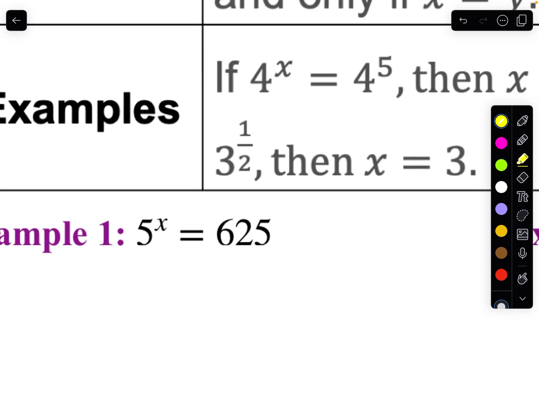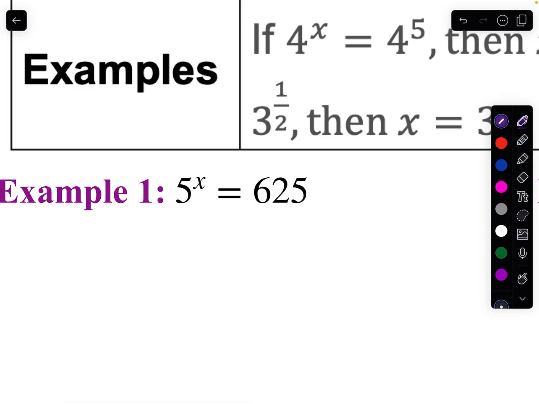So let's take a look here at example 1. I want to rewrite 625 as a power of 5. Well, I want to use 5 because I got 5 to the x over here. Now, 5 to the what power gives us 625?